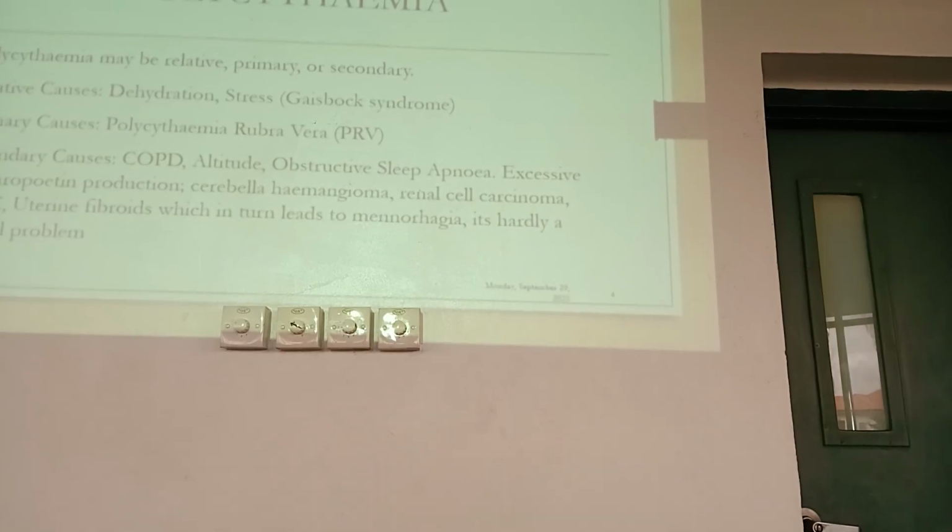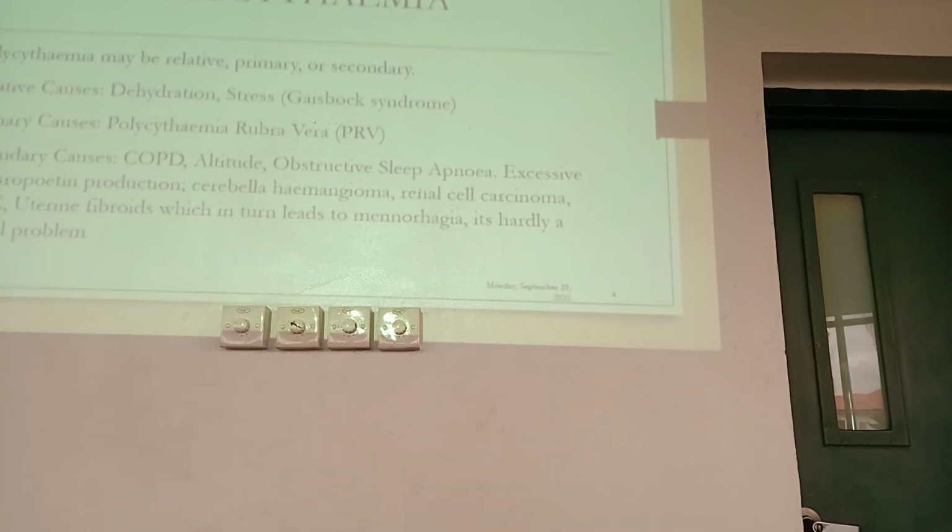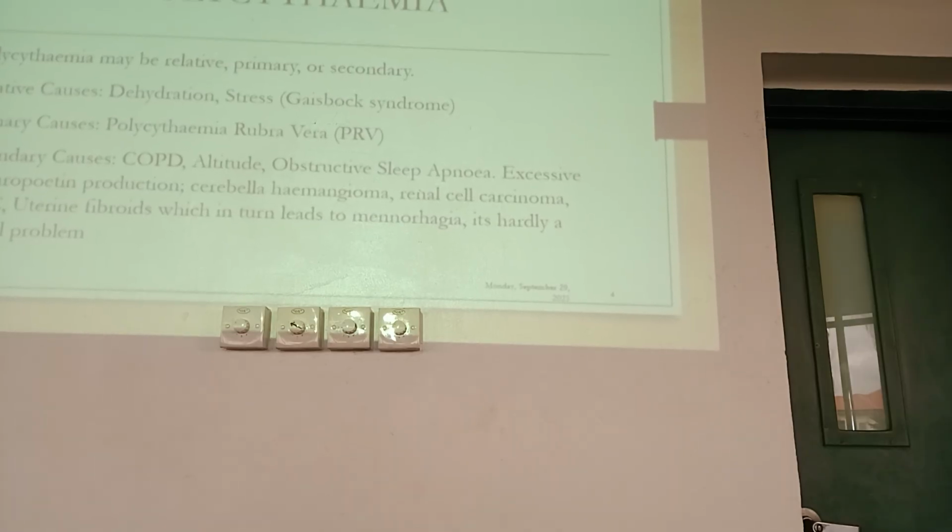But the other one is when the red cell mass is actually increased. Then it could be primary or secondary polycythemia.